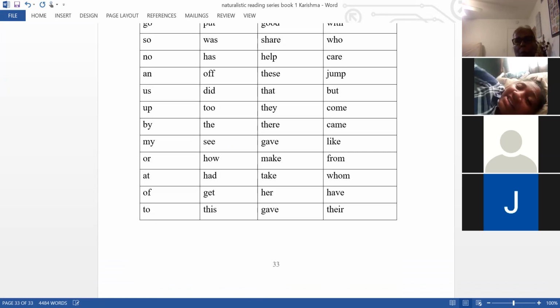I will go on to book 2. Since we'll do book 2 one time, we have time. I could finish this. I have book 2, I have book 3. Do we go on?